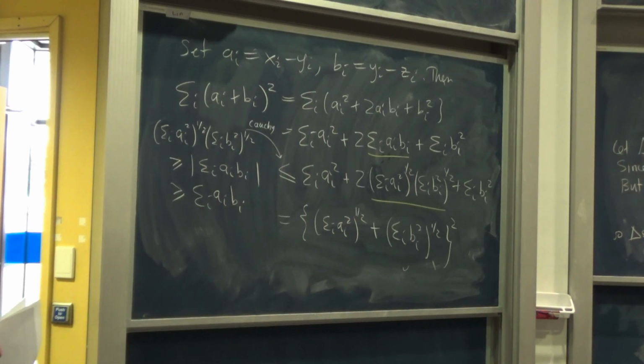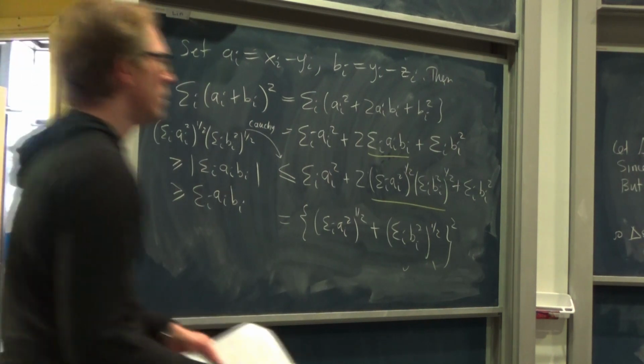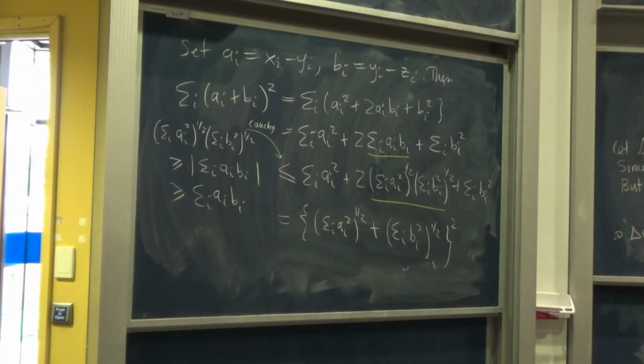Okay, so what have I shown? Well, this last line is literally this quantity here. And I've shown that it is greater than or equal to this quantity here. So we're done. Okay.